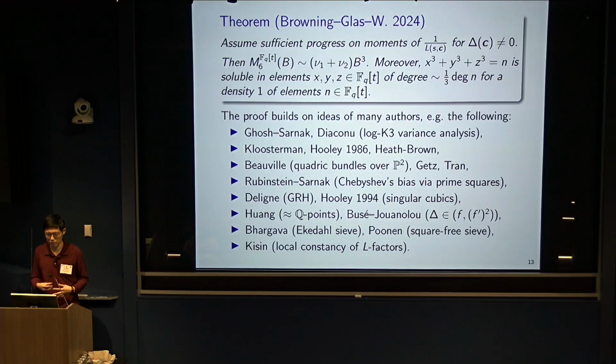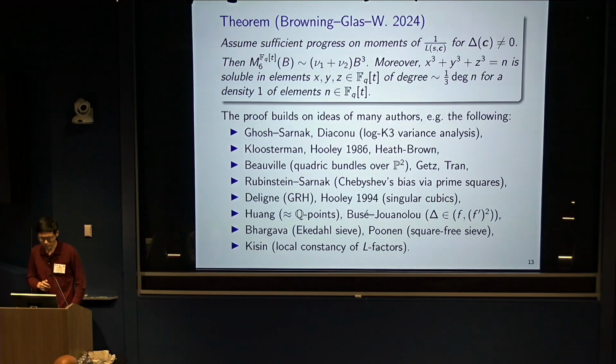The work of Beauville was essential for getting this conductor dropping phenomenon on delta C equals 0. And then there were these extra polar factors and the approximation to L functions. That's similar to what happens in, for example, Chebyshev's bias, as studied by Rubinstein and Sarnak, so the contribution from prime squares, things like that.